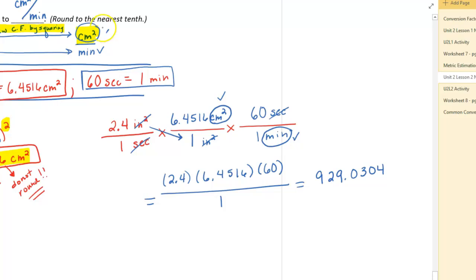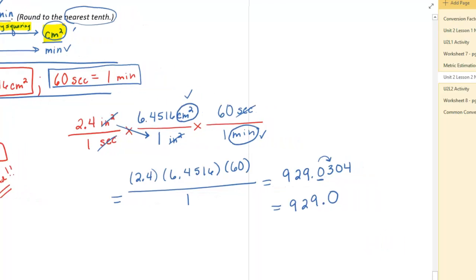We are asked to round to the nearest tenth this time. That's 1 decimal place. The number in the tenths is a 0. And if we look next door, that number is not 5 or bigger. So because we were asked to give our answer to the nearest tenth, even though it's a 0, we want to include it. And then our units will be centimeters squared per minute. And that's your final answer.